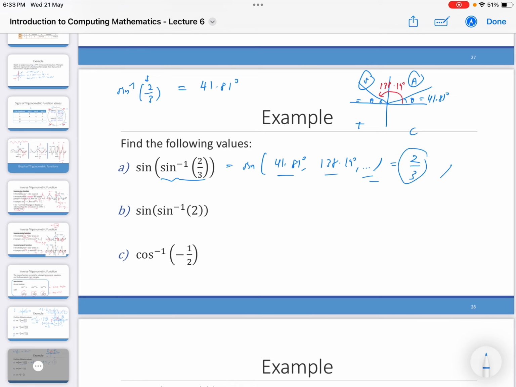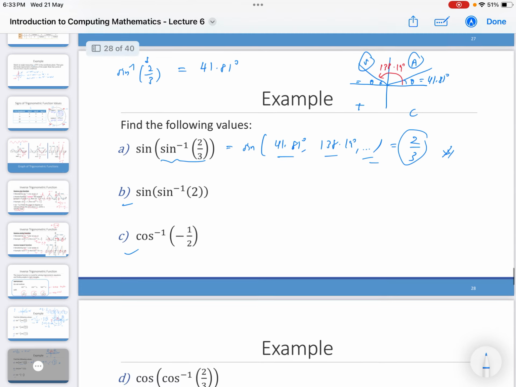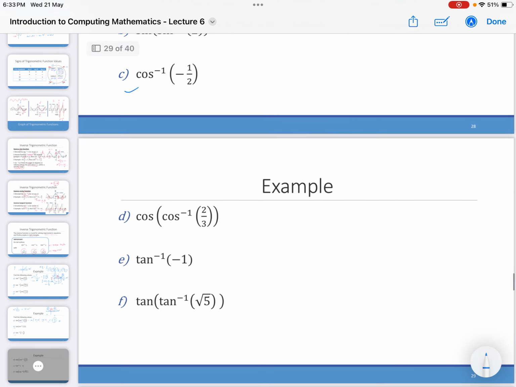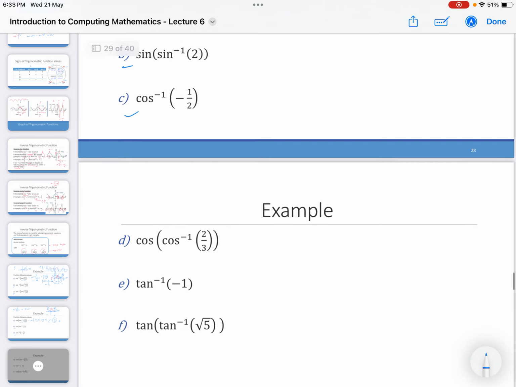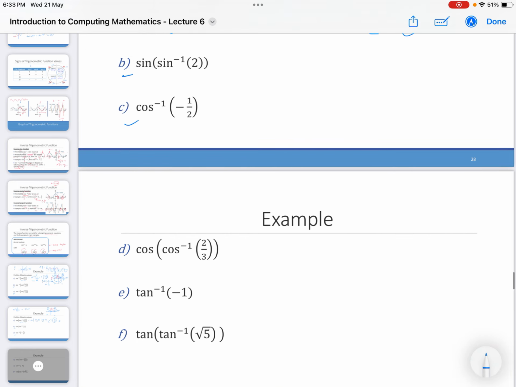So we only have one final answer for this, rather than infinitely many answers. You can try B and C, and the rest.